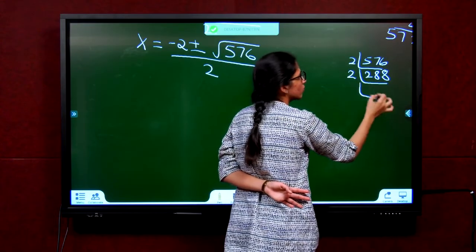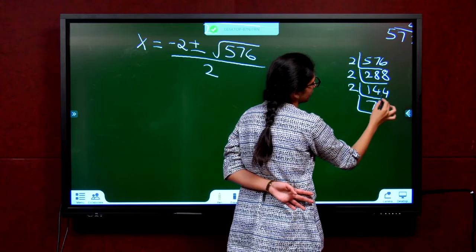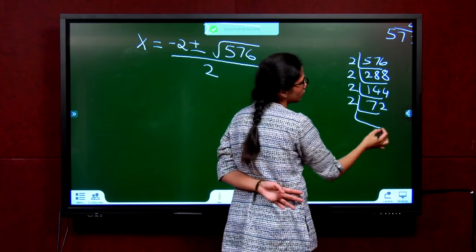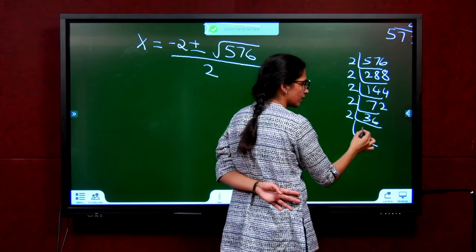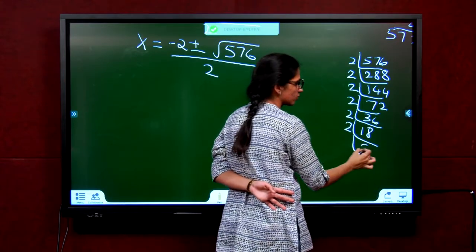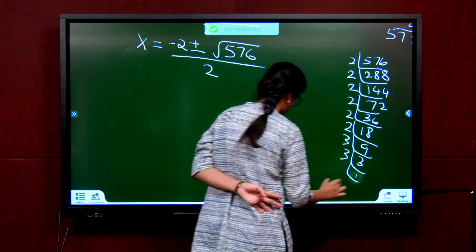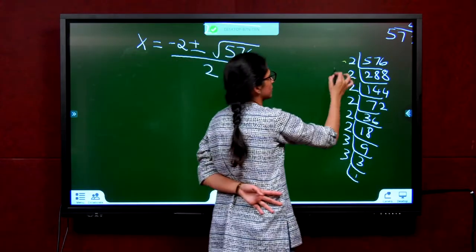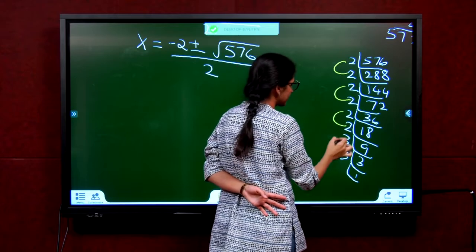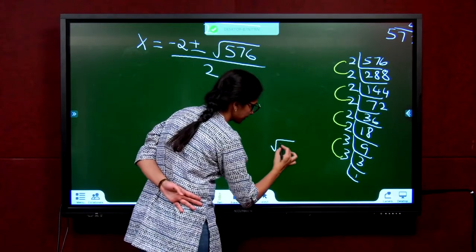So now again 2, 144, 2, 72, 2, 36, 2, 18, 2, 9s are 3, 3, 1. As we learnt in the previous section, combine in pairs. 1 pair, 2 pair, 3 pair, 4 pair. So what is root 576?